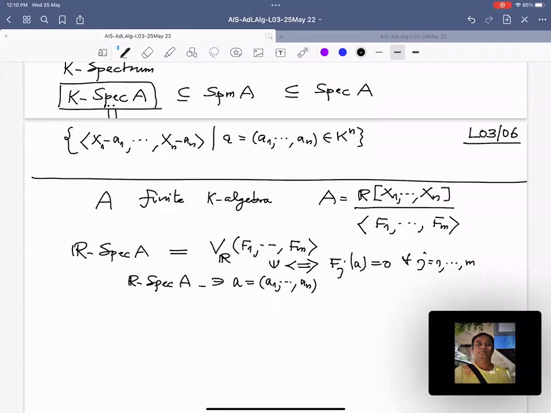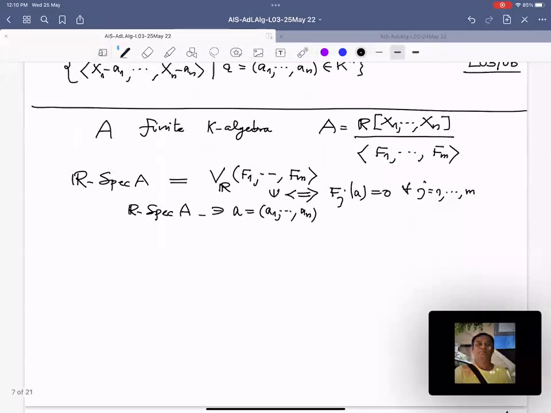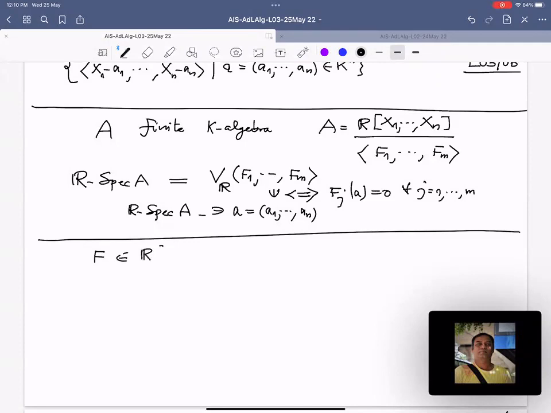And now, if you want to understand more precisely what you should do, let's take only one polynomial, one polynomial in R[x], one variable. The algebra attached to that is the quotient algebra R[x] mod f. And what does it say if I relate that?